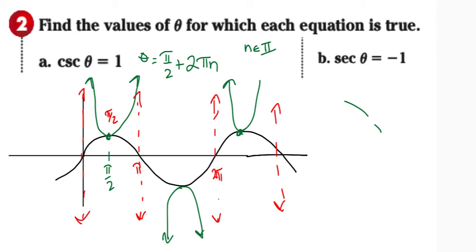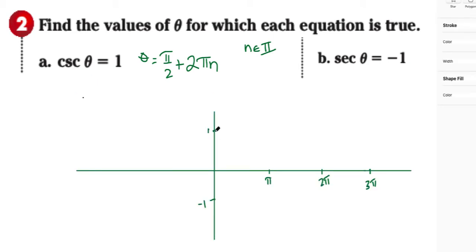All right, so we can do a similar thing if we're thinking about the secant. Let's start off with the cosine function. And we know the cosine function goes down, and then it comes back up again. My program doesn't want me to do it, but I am going to do it anyway. All right, so we have that, and then we do it again. Okay, so the cosine function looks something like this.